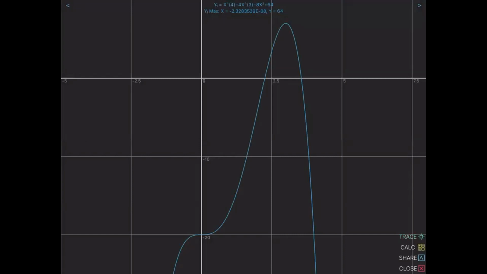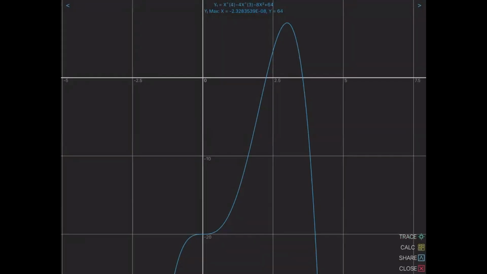So here we have our function again. Starting from the left side, our function is increasing, reaches a critical value at (0, -20), but that critical value is not a max or min, because even after that critical point, our function still continues to increase.